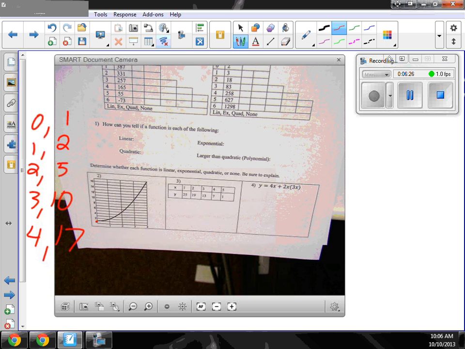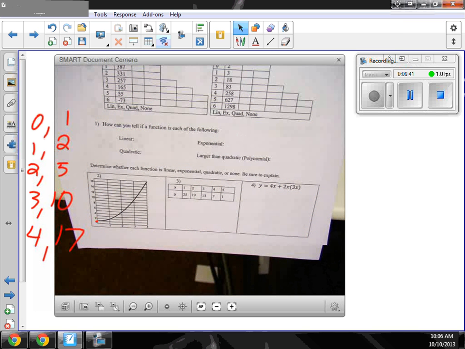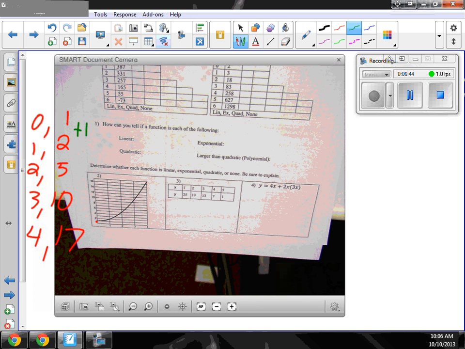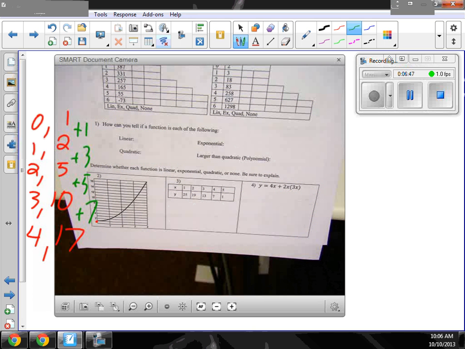Times by 2. Does it continue to multiply by 2? No. Multiply by 2.5. Then it's multiplied by 2 again. And then it's not multiplied by 2, so it doesn't work. Okay? So it's certainly not linear, but let's look at the differences. Plus 1, plus 3, plus 5, plus 7. So my second difference is plus 2, plus 2, plus 2, which means it's quadratic.